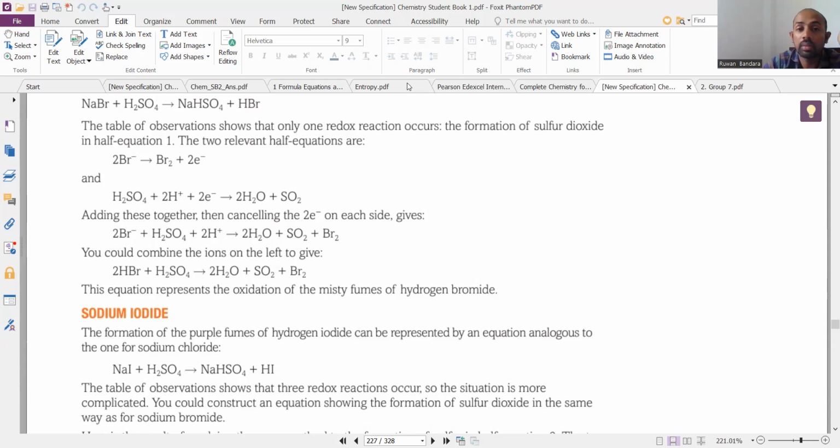And it's similar to that, right? And did I mention anything regarding sulfur dioxide as well?